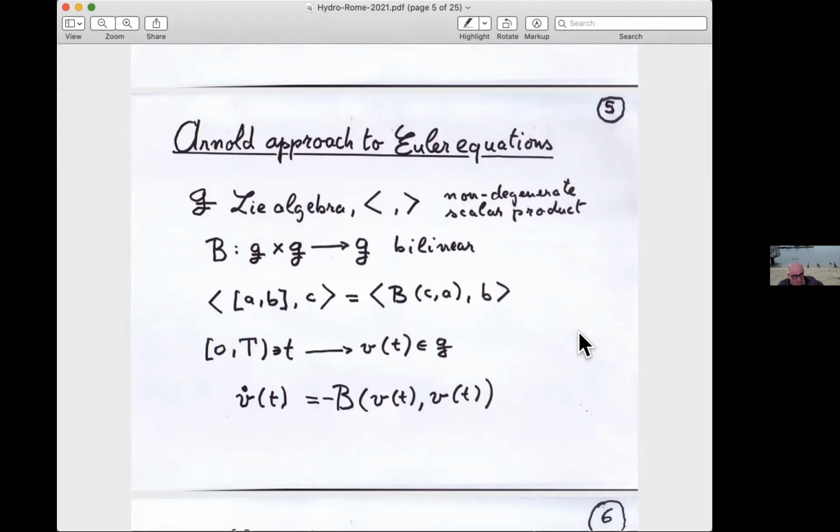The commutator of A and B, scalar product with C, should be this bilinear form applied to C and A, scalar product with B.